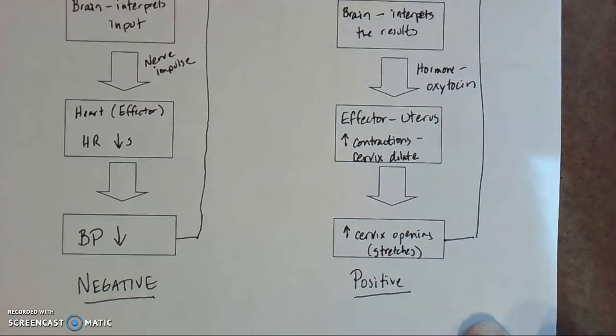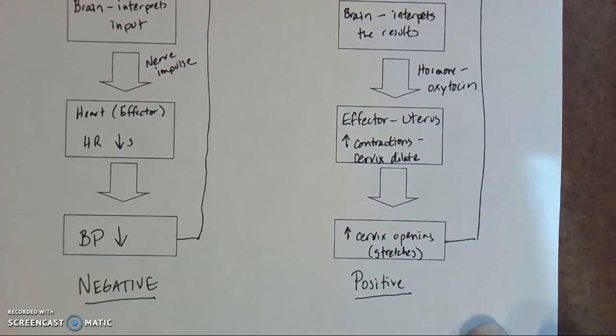And what is going to stop it? Well, once the baby is gone, we have the cervix actually going back to its normal size after the placenta is delivered, and that will cause the hormone not to be released. So this one amplifies the condition.